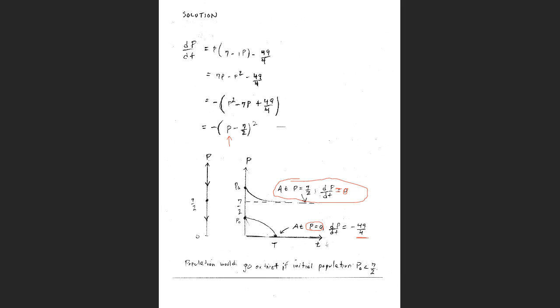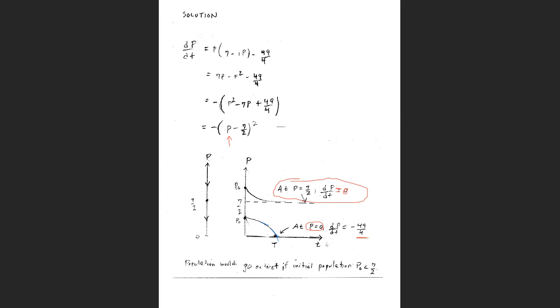And so what this means is, when we think of tangent lines, of slopes, the tangent line right here, when the population equals 0, has a negative slope, the tangent line to the solution curve.